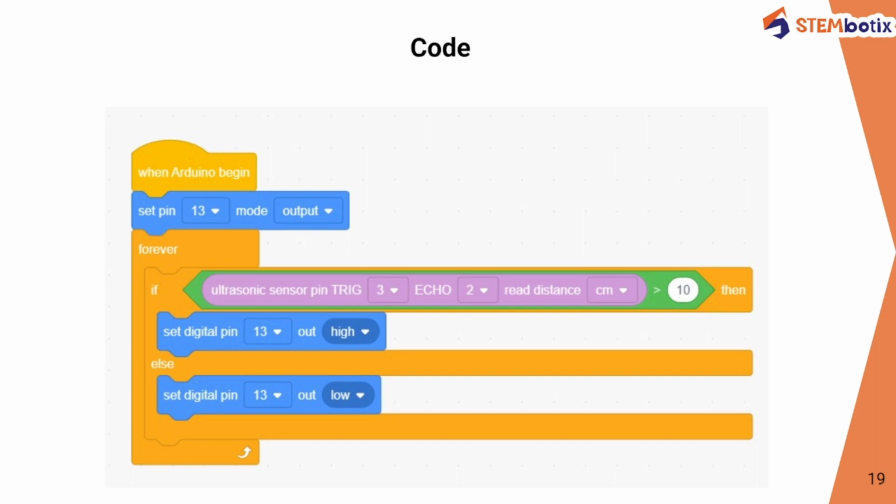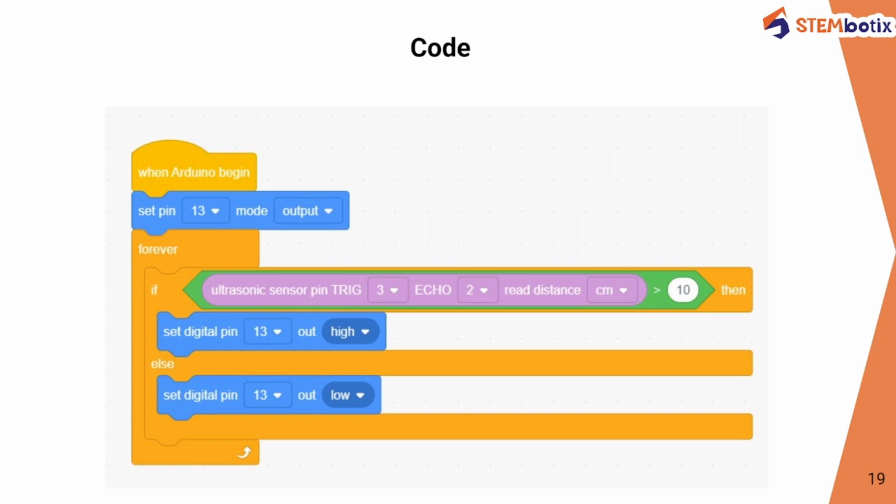Click on node device selected and select Arduino Uno board, and you will have the pins option for this Arduino Uno board. From the uppermost corner on the right side, switch the mode to upload mode, and from the event category choose the when Arduino Uno begins block.